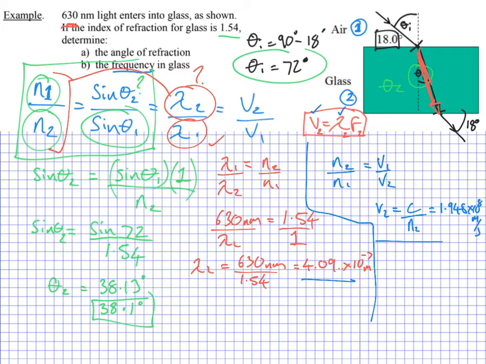Using our universal wave equation, V is lambda F, which means F2, the frequency of light in the medium, is equal to V2 over lambda 2, which is 4.76 times 10 to the 14 hertz. Okay, so there we have it. That's the frequency in the glass.